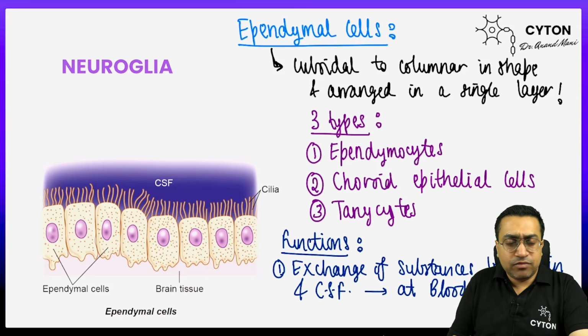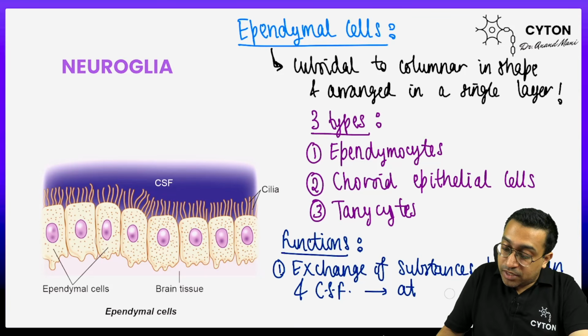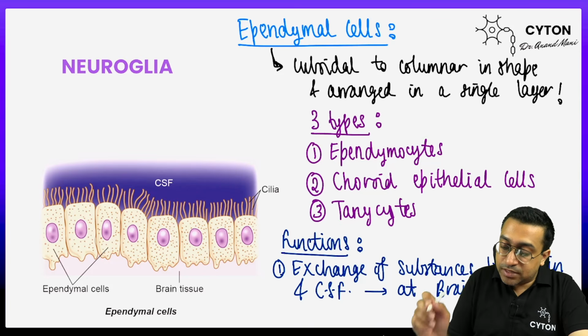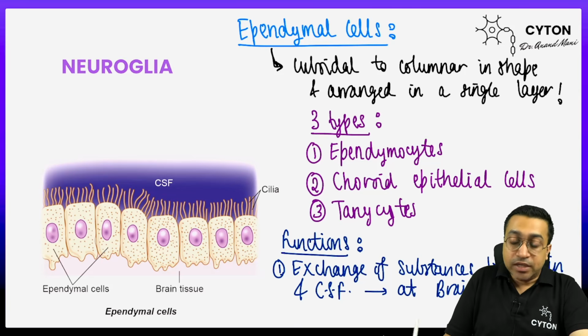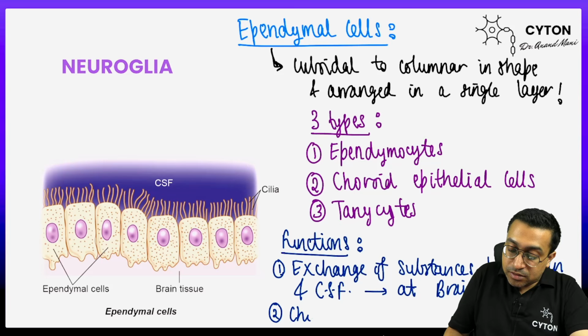Okay, again we will study about this. Oh sorry. And we will also be studying about this in detail again in neuroanatomy. Okay, at the brain CSF barrier. Then number two, we have the choroid plexus. We will see the choroid plexus in detail.